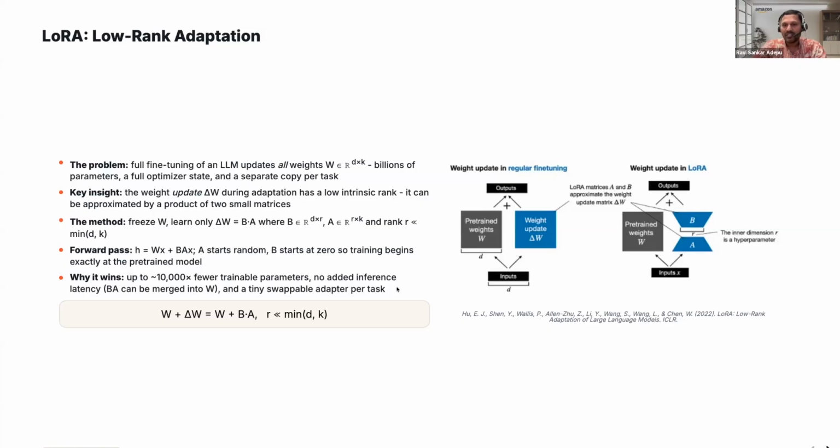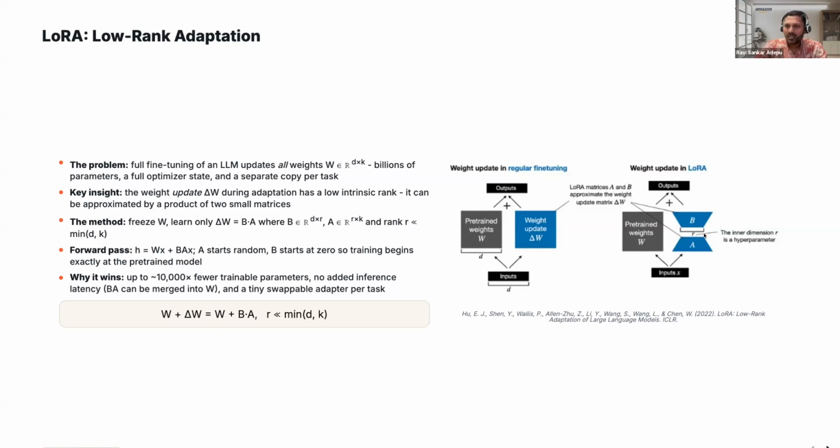That's the whole method. You freeze the original weight matrix W, don't touch it, and then you learn a low rank update, delta W equals B times A, where A and B are very small matrices. Their shared dimension r is tiny compared to the full size.